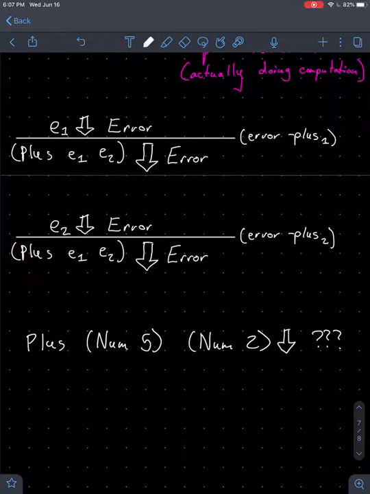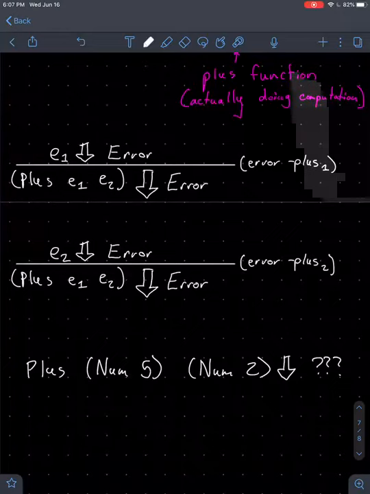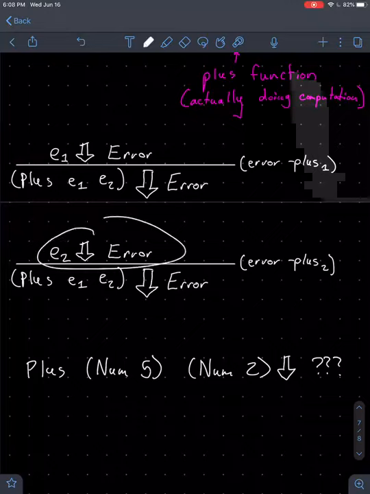Pseudo asks, do we not need both E1 and E2 on the above part? Oh, above the line. Correct, we don't. For these, E1 and E2 don't both need to be present up top, because remember how we read this. I read this as plus E1, E2 evaluates to error if this is true. So to have E1 up top isn't really necessary.